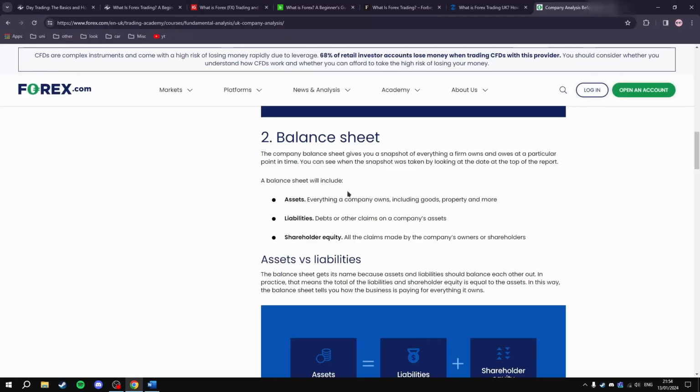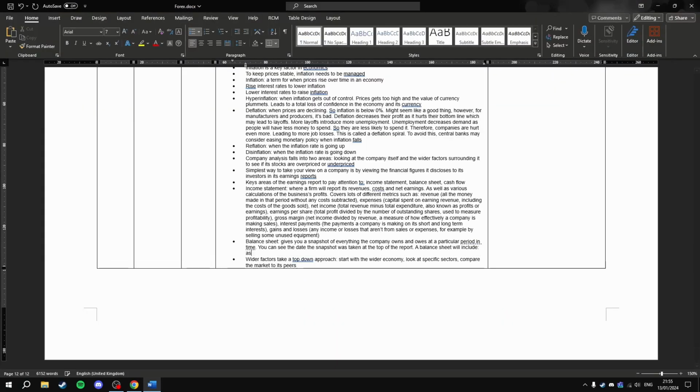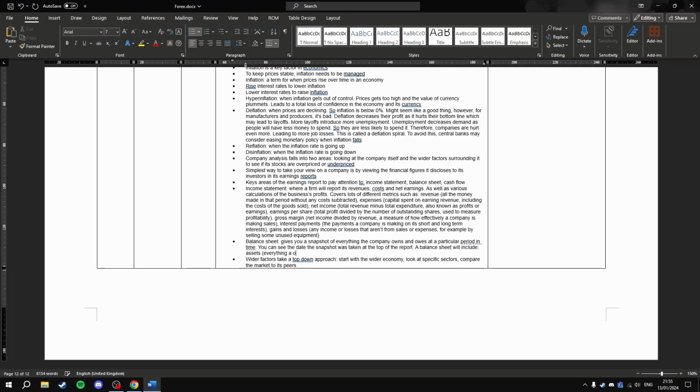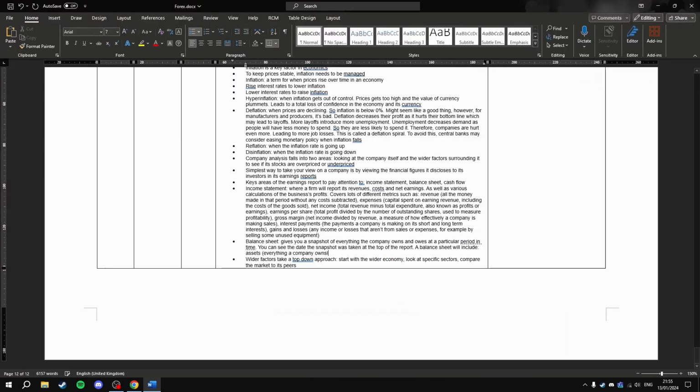A balance sheet will include assets, which is everything a company owns, including goods, properties and more.